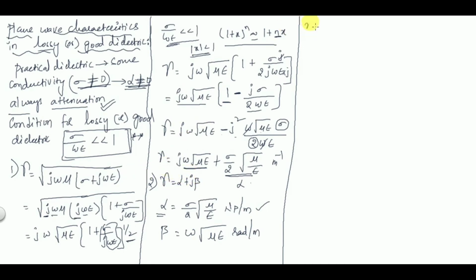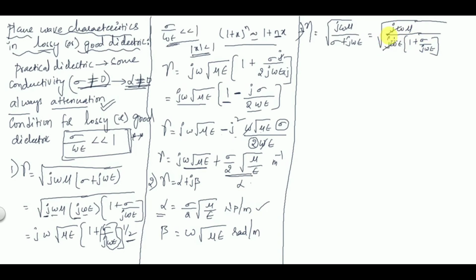Next, the third one, eta. Eta is root of j omega mu by sigma plus j omega epsilon. Take j omega epsilon common, so it will be root of j omega mu into 1 plus sigma by j omega epsilon.